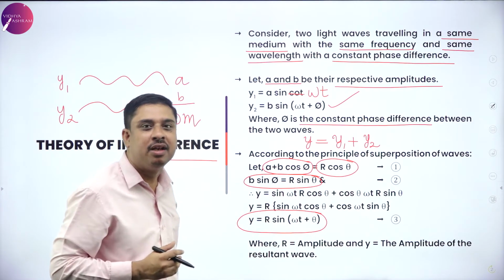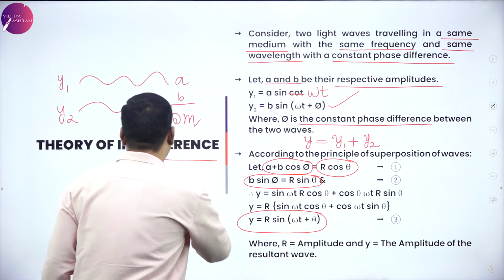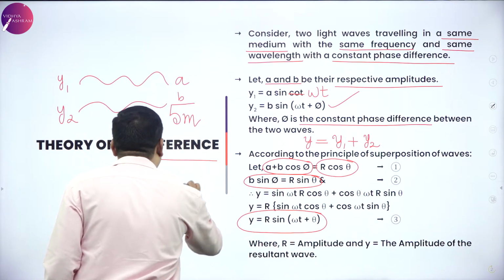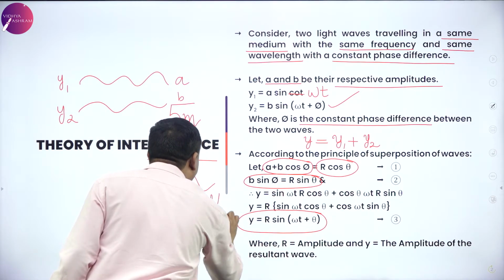What should happen? They should superpose, interfere, and a new wave, we call this the resultant wave.